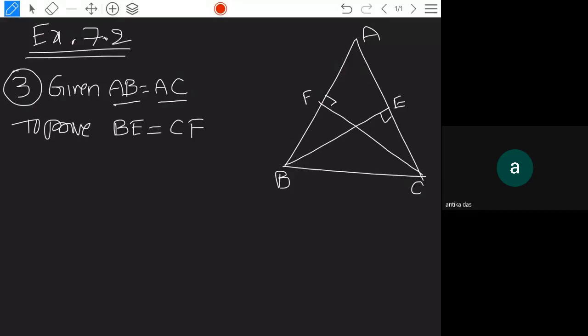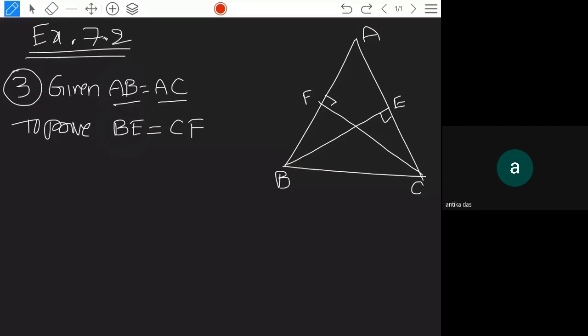Now here you have to take triangles. In this figure you will get multiple triangles. Which triangles should be considered, so that if you prove them congruent, these two parts are equal? You have to see AB and BE as sides, which triangle has them. AB and BE.